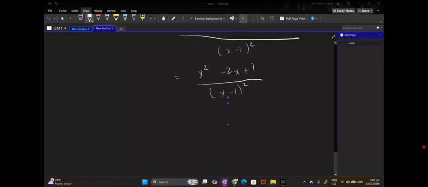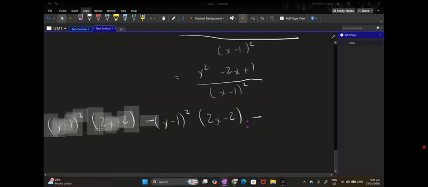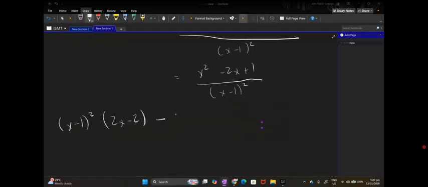So, low. Mabilisan na lang to guys. Sorry. Low. Derivative ng high natin, it's 2x minus 2 minus high natin, x squared minus 2x plus 1 multiplied by the derivative nito, so it's just 2 times x minus 1 multiplied by 1.